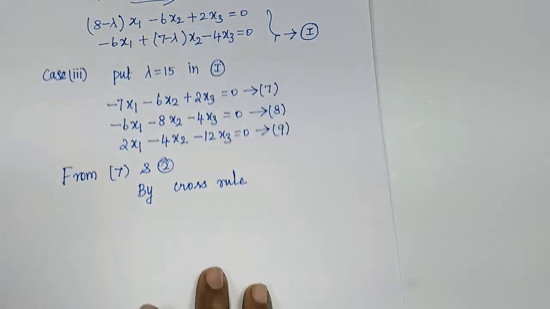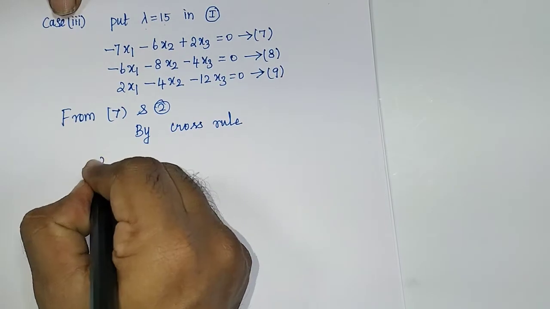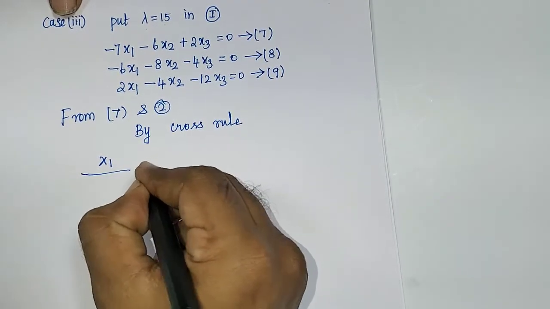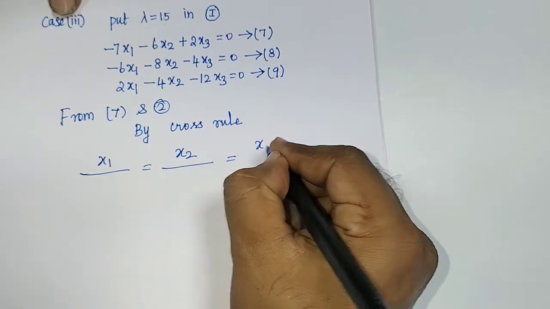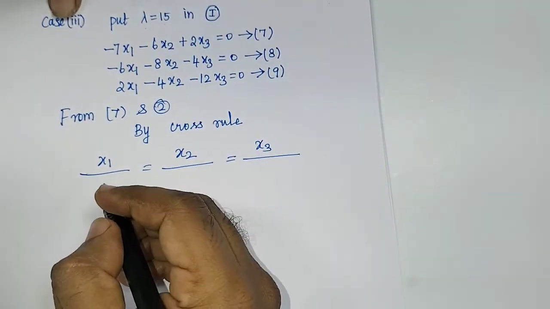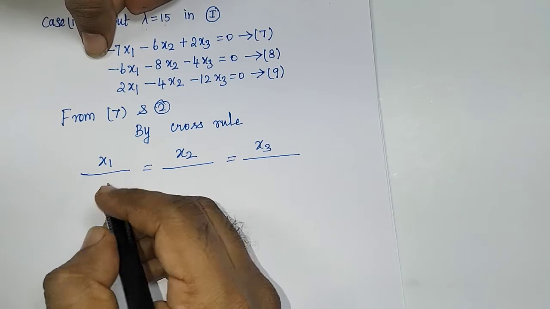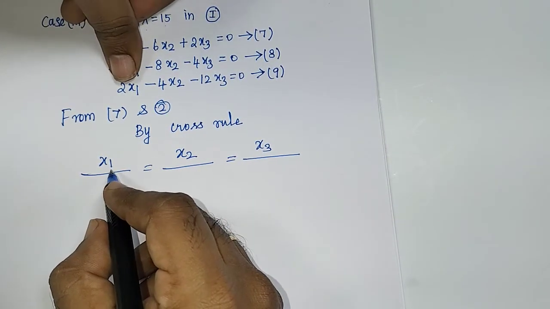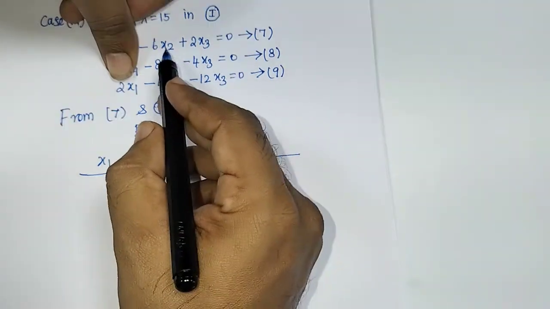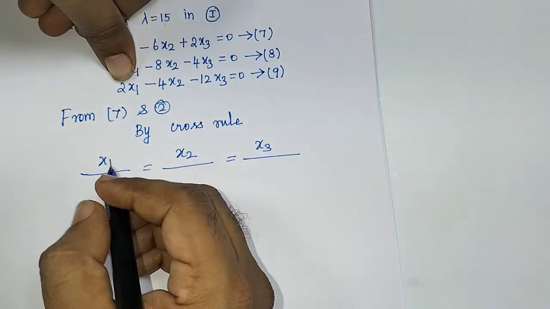Okay. So now I am writing x1 and x2 and x3. So based on equations 7 and 8 I am going to find x1, x2, x3. If you want to find x1, omit the x1 coefficients. The remaining x2 and x3 coefficients you can write in determinant form.